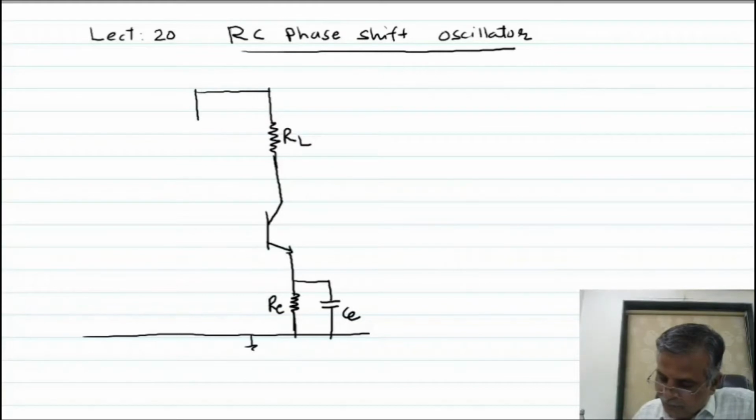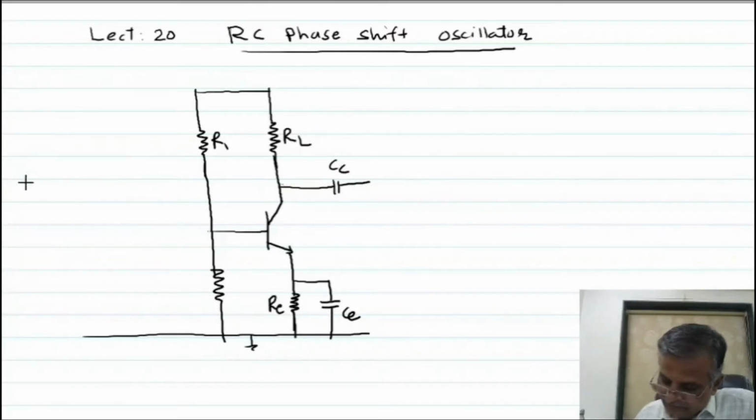This is a potential divider network, R1, and this is R2. This is a coupling capacitor. From this coupling capacitor, we are taking the feedback.